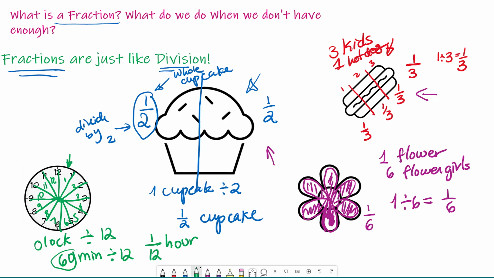For instance, you had 4 cupcakes and you divided by 2 in order to give each kid 2 cupcakes. Or you had $5 and you divided those $5 among 5 kids so that each kid got $1. Now we're asking the question, what do we do when we have fewer things than the number we want to divide into? And the result of that is fractions.